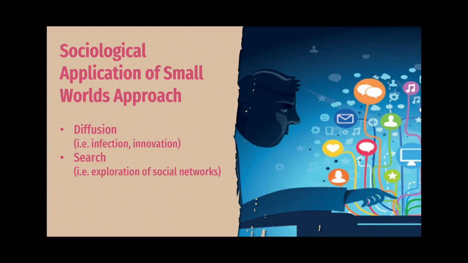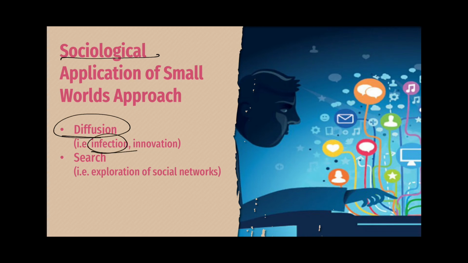Now, how can we use this idea that we have in terms of the behavior of social networks in sociology? Two things. One is when we study the diffusion of innovations. How do we know that a certain idea can reach as many people as possible? We can use social networks for that.